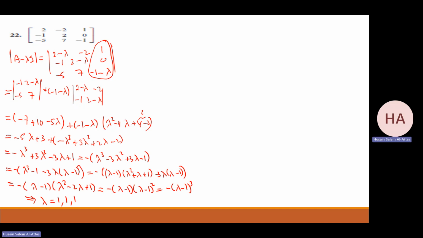Now let me try to find the eigenvectors. So for lambda equal 1, actually I have only 1 lambda. See how many eigenvectors I should have. If I have 3, then diagonalizable, otherwise it's not diagonalizable.